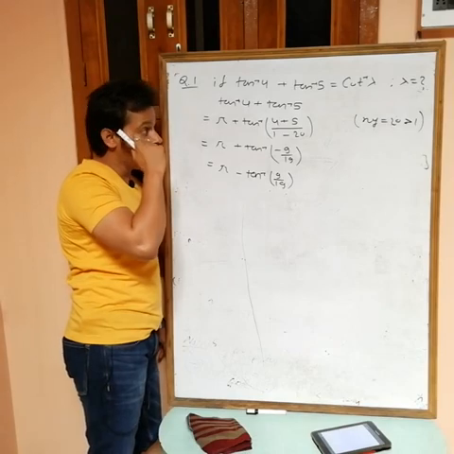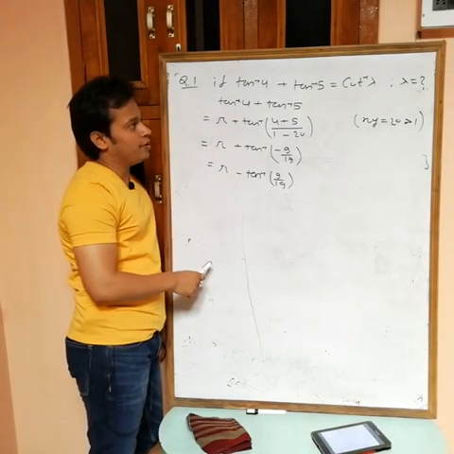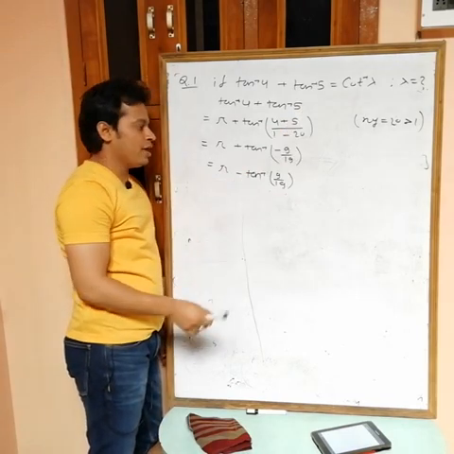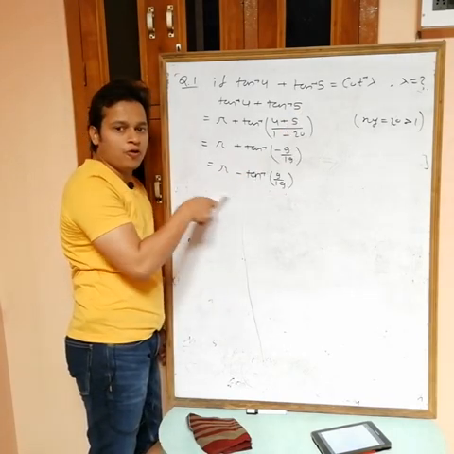Okay. Now actually we want the value of lambda. The RHS is in terms of cot inverse, so I want to write this one in terms of cot inverse.